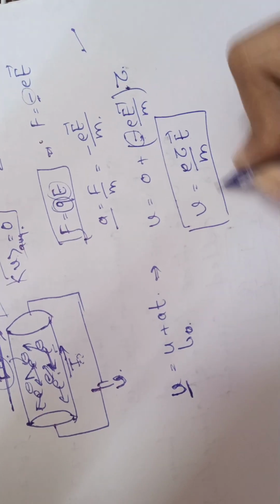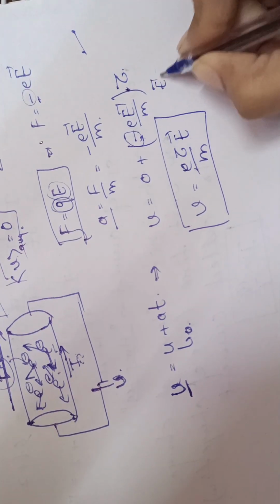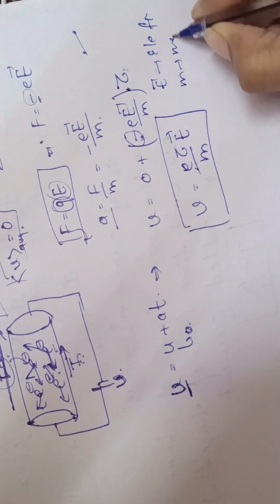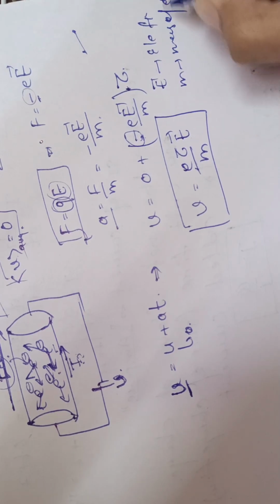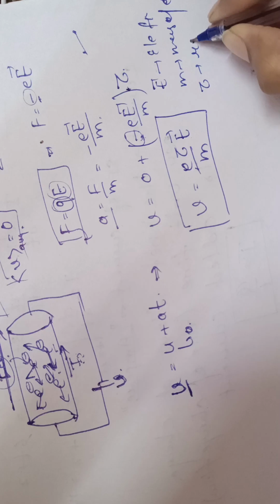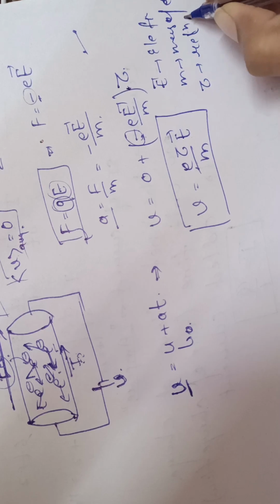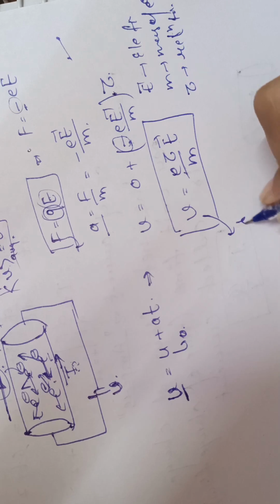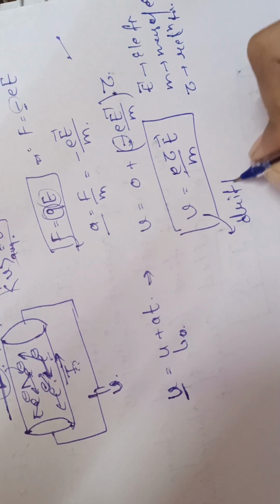Here e is the charge and E is the electric field. m is the mass of the electron, and tau is the relaxation time that I told you earlier. Then this velocity is called drift velocity.